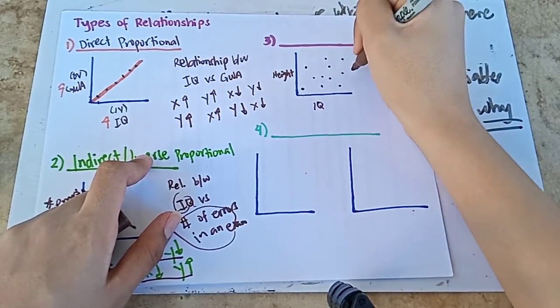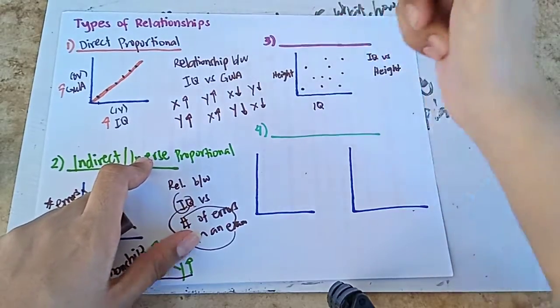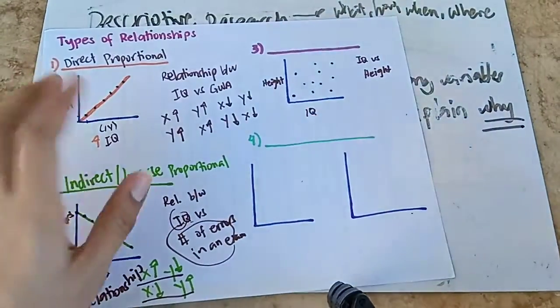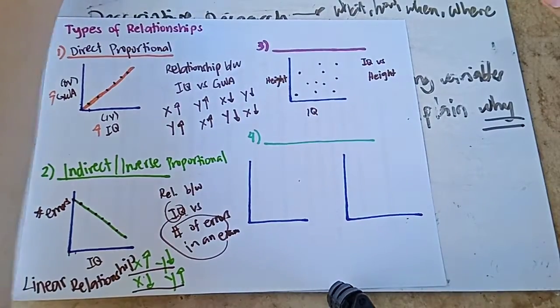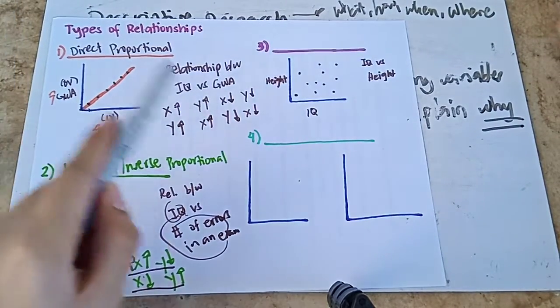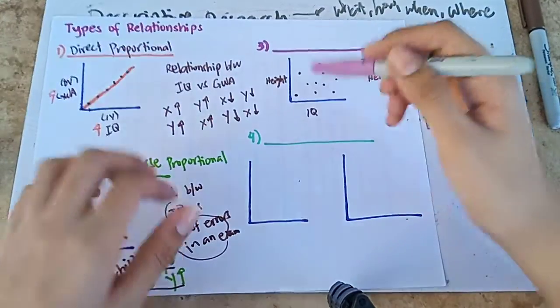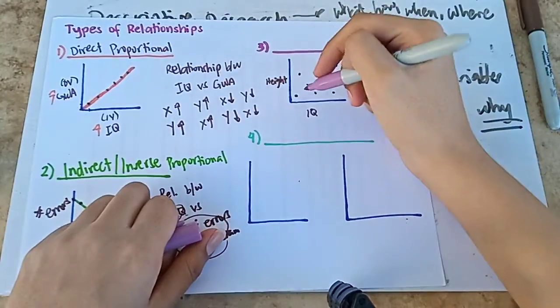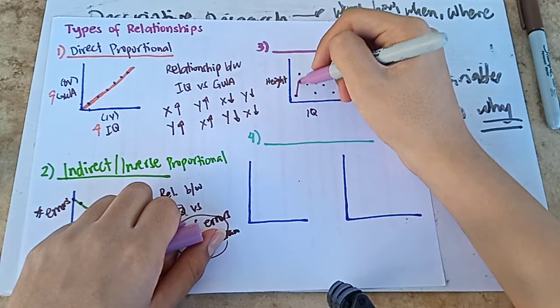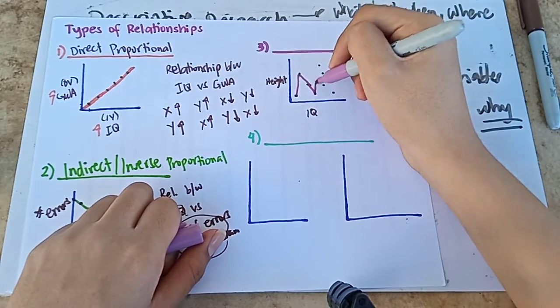As we graph these dots, can we say that there is a good relationship between the height and the IQ? Is there a significant relationship? Is there a connection? As we can see in the graph, it is inconsistent.